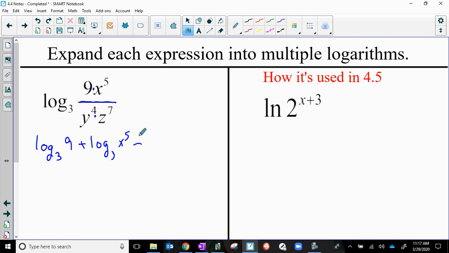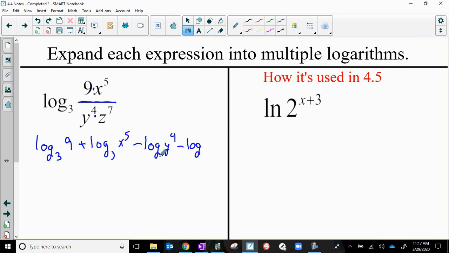I know some people say, okay, you subtract, and then I'm going to add for this one. Well, if you want to do that, you have to use parentheses. If you want to get it done in a shorter step, say, hey, these are both in the denominator, so they both have to be negative exponents, so they both have to be negative logarithms. If you want to subtract and then add, you'd have to use parentheses, and after you distribute, you're right here.